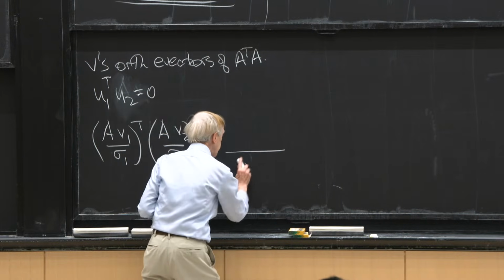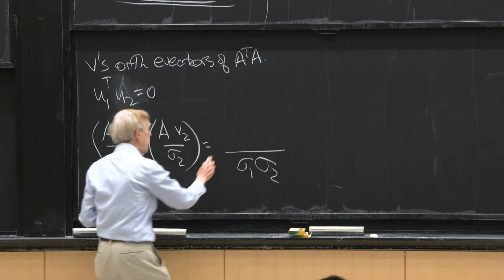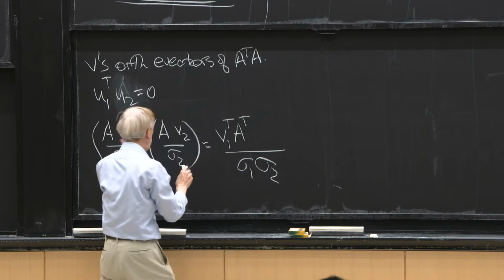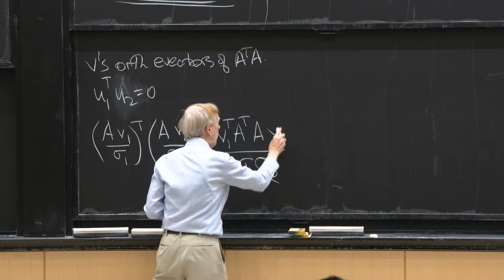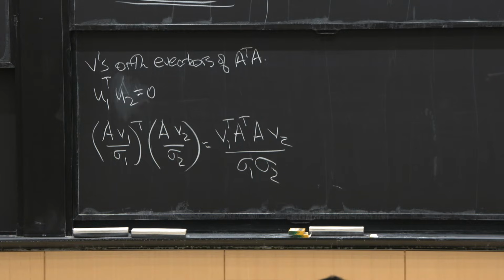So I can see that the denominator is that. So is it V1 transpose A transpose, right, times A V2? And I'm hoping to get 0. Do I get 0 here?